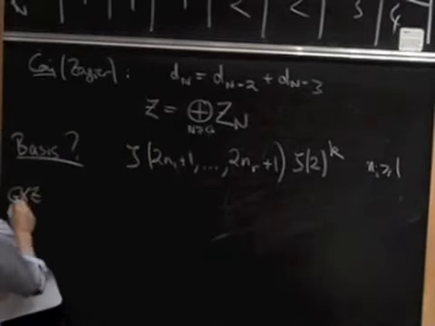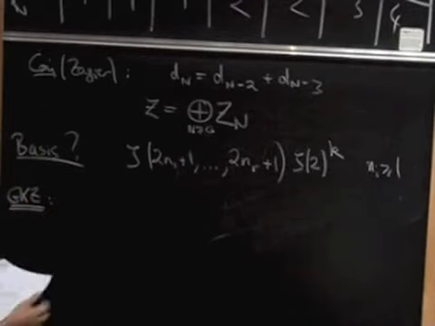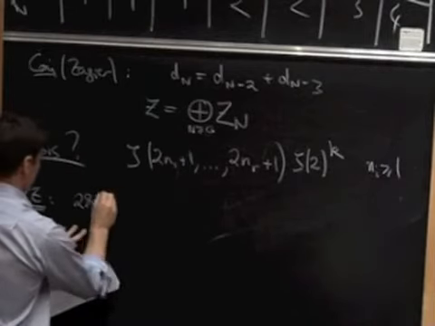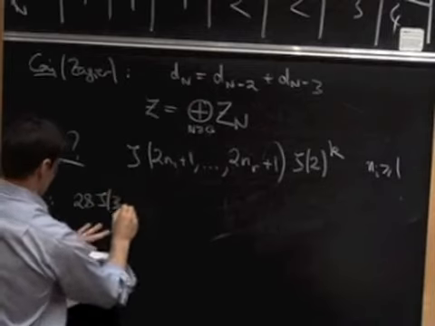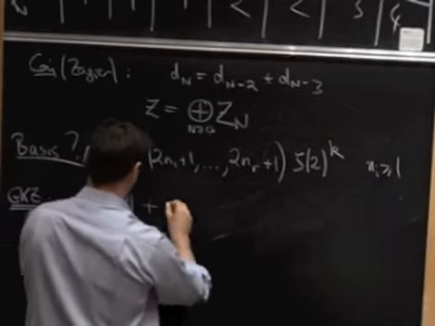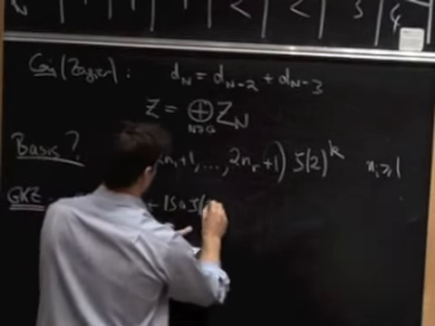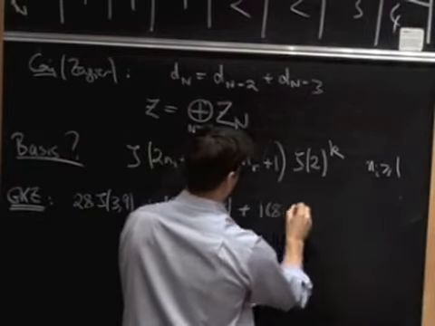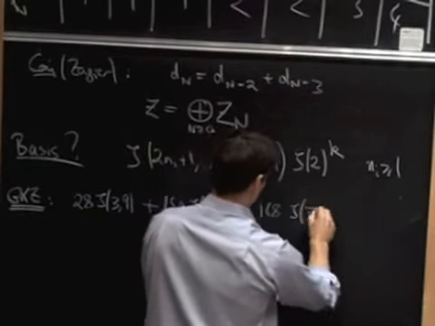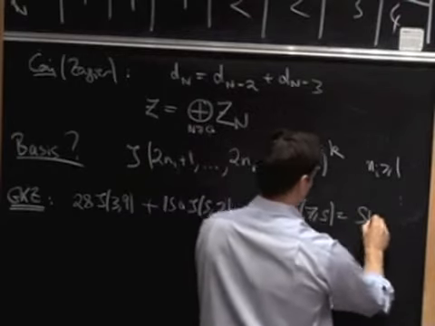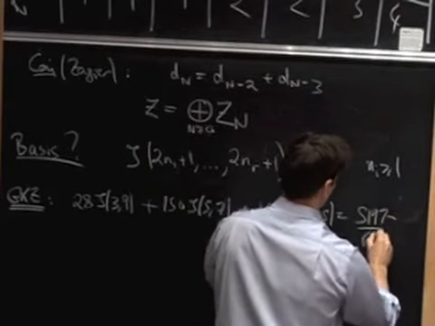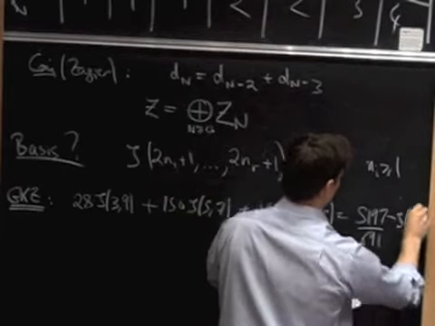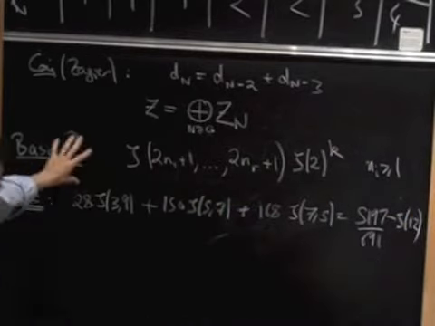And so much more recently, Gangl, Kaneko, and Zagier exhibited this relation: 339 plus 150 zeta 57 plus 168 zeta 75, 1 zeta 12. And so this shows that this thing cannot be a basis.